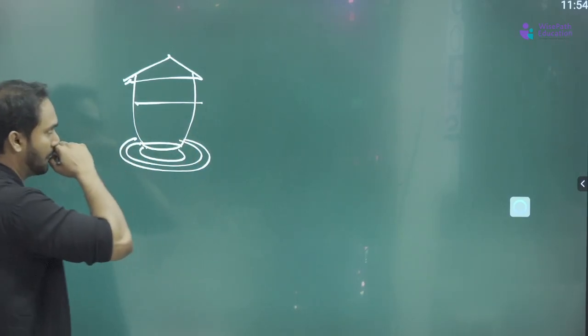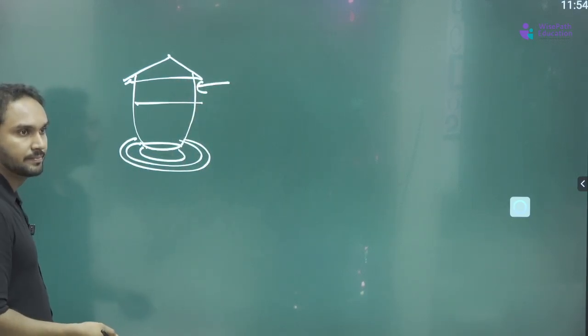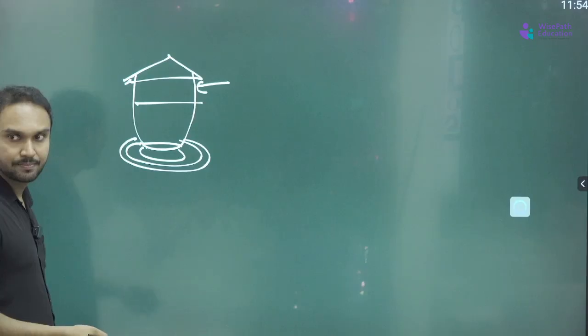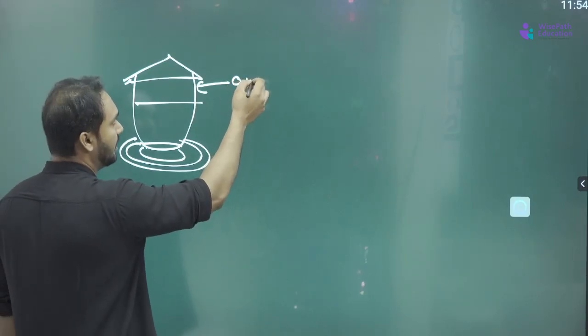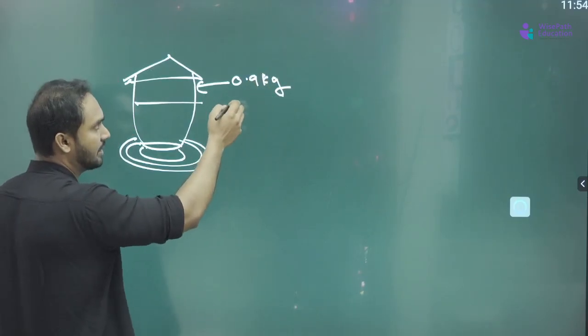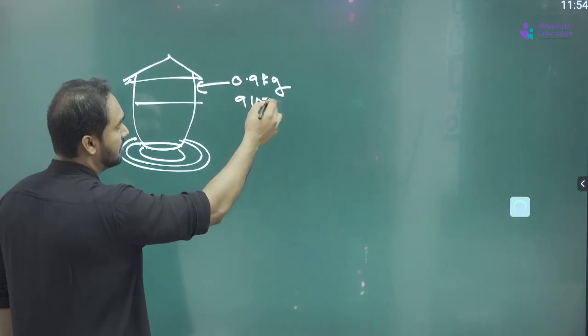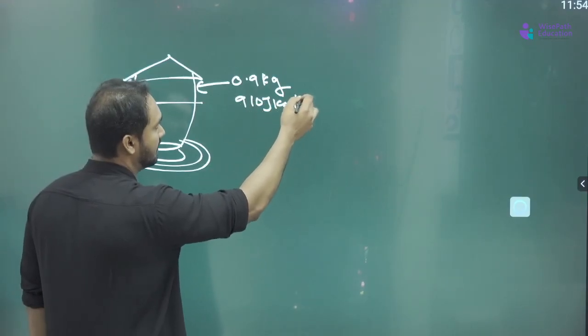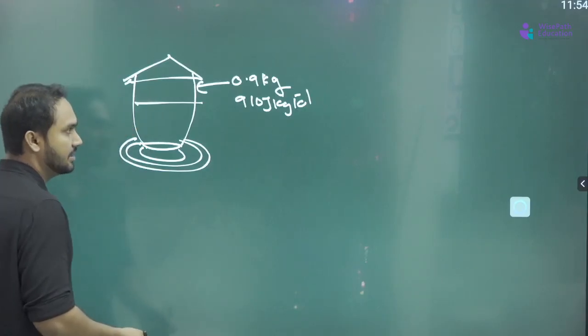Now tell me the mass of the kettle. 1 kilogram. 900 grams. That will be 0.9 kilograms. And the specific heat capacity 910. Yeah. So 910 joules per kilogram per Kelvin is the specific heat capacity. And the initial temperature will be?